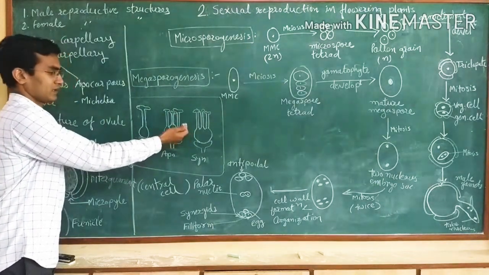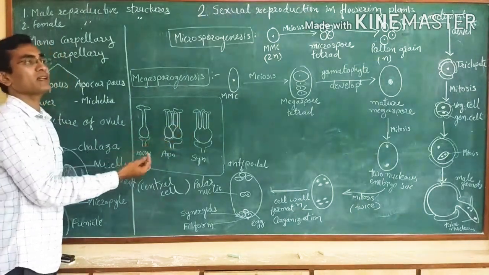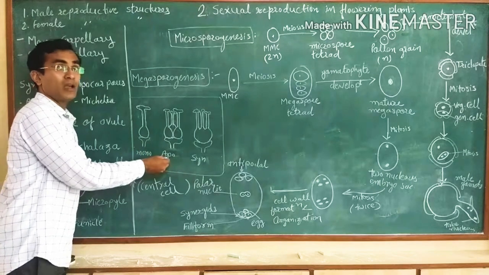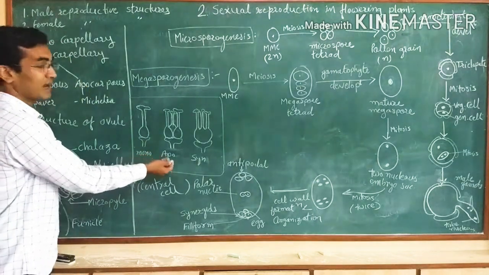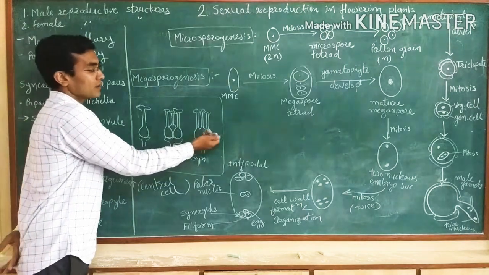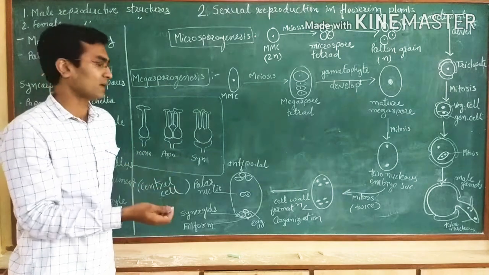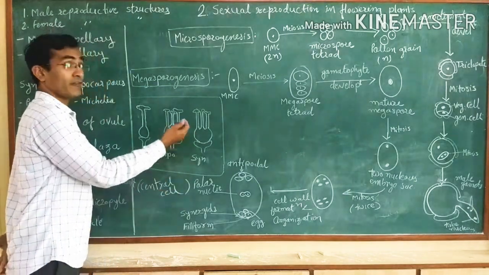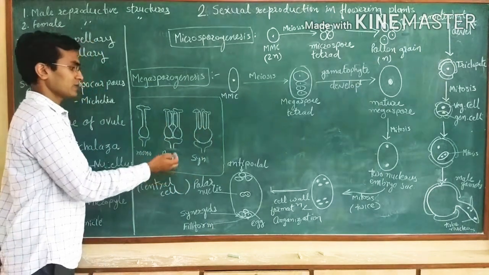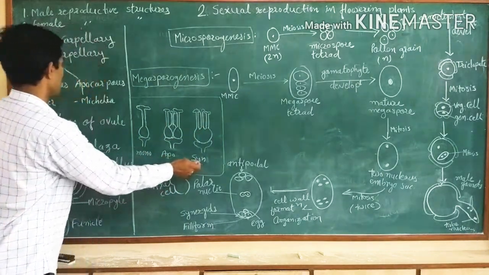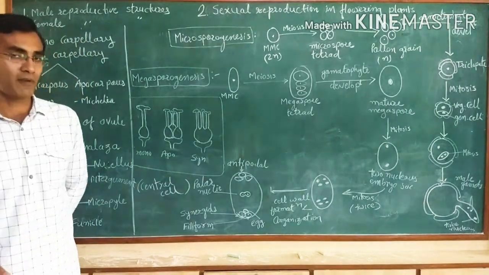Polycarpous, but with the carpels not fused, is called apocarpous. Here the example of apocarpous is Michelia. Then syncarpous is a kind of polycarpous where the ovaries or the carpels are fused. The example is papaya, or we can say the poppy flower.